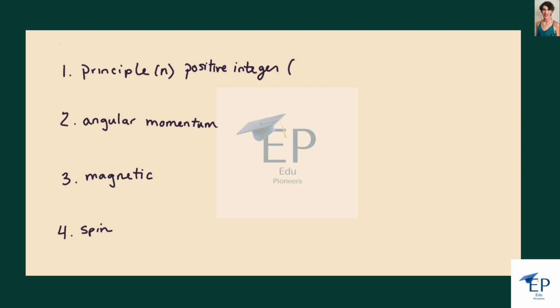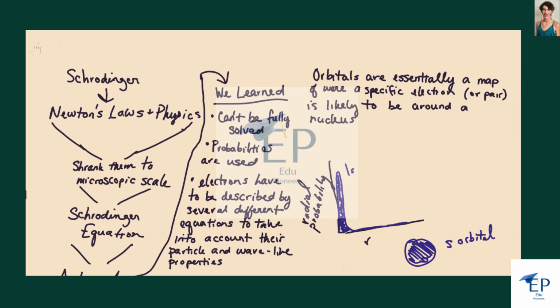So that means that n is equal to 1, 2, 3, and it goes on hypothetically forever. And it is describing the relative size of the orbital.